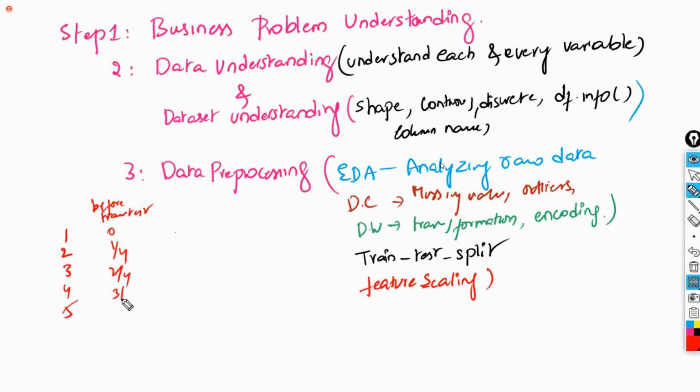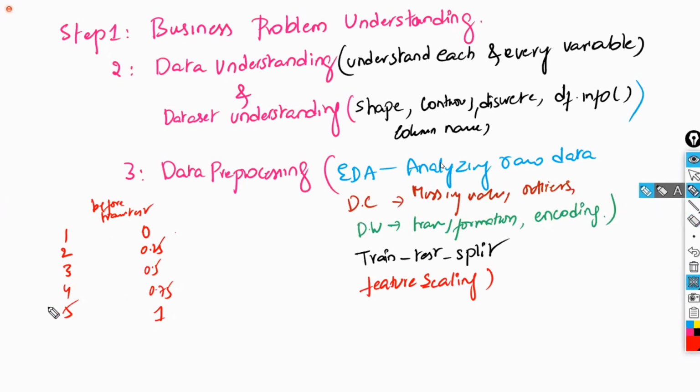And 5 minus 1 is 4 by 4, which is 1. Like this, the values are going to be 0, 0.25, 0.5, 0.75 and 1. If you combine everything, these are the values.